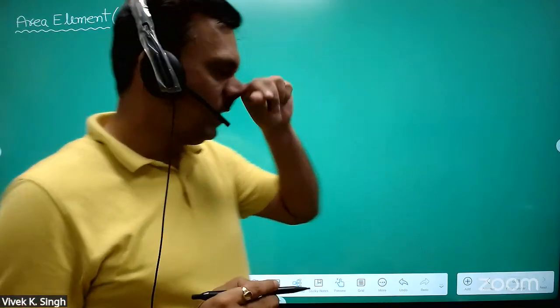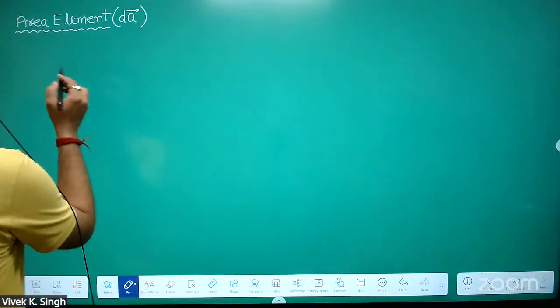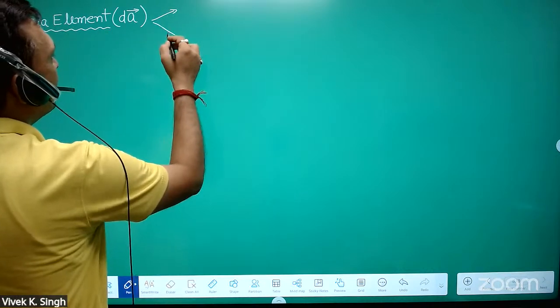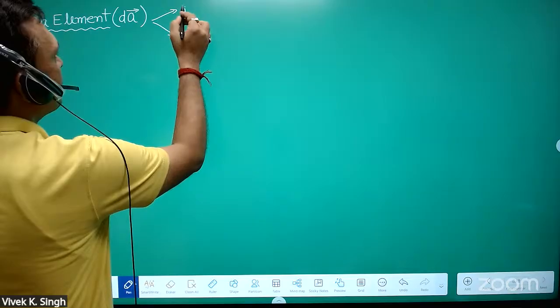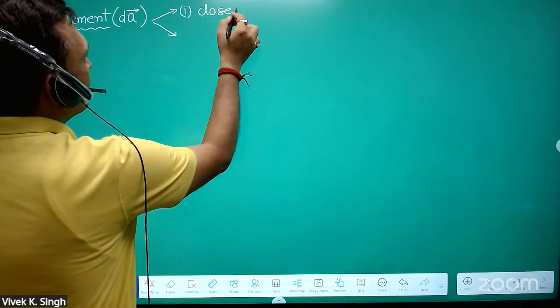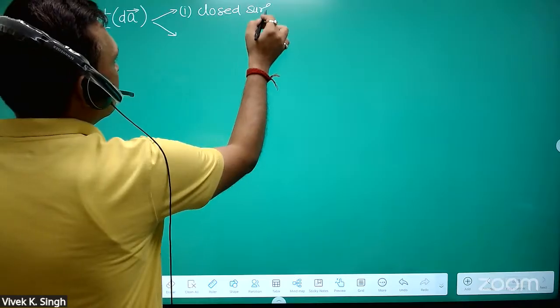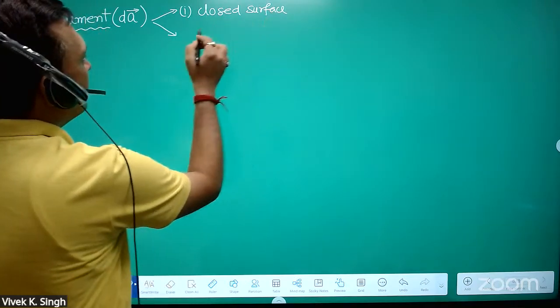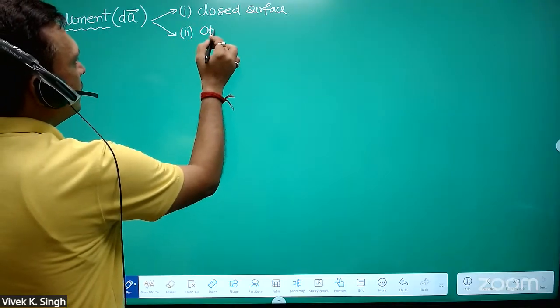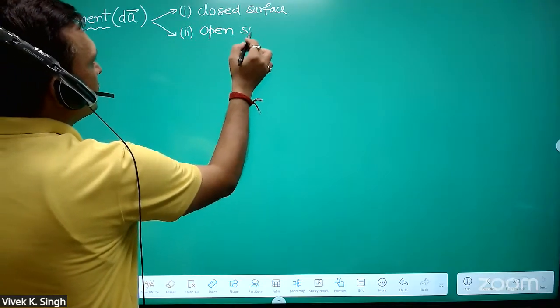You will encounter two types of surface, because you have to write the area element on a surface. One is called a closed surface, and the other is an open surface.